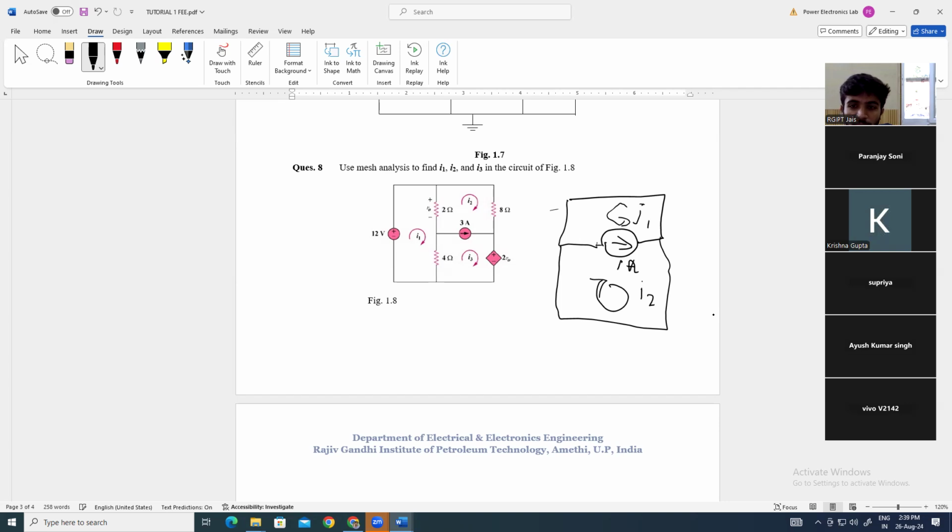So when we are writing the KVL equation, our I1 would come out to be 1 ampere, and I2 would similarly also come out to be 1 ampere, right? It's actually pretty difficult to write with this, so bear with me. Yeah, I2 would also come out to be 1 ampere.